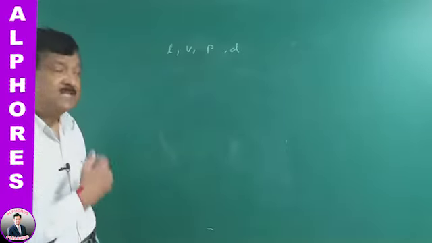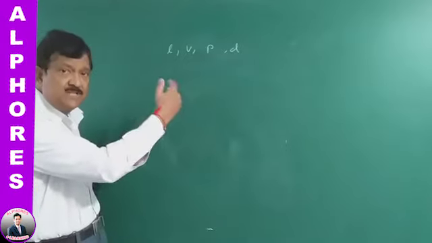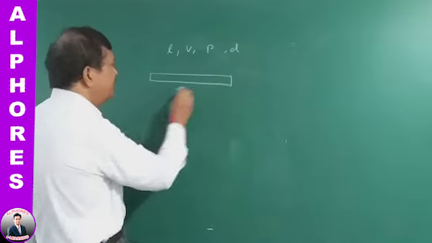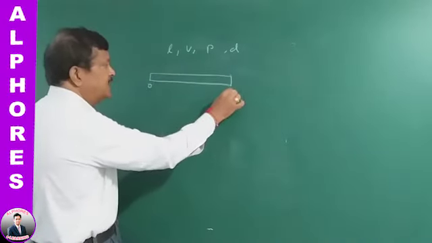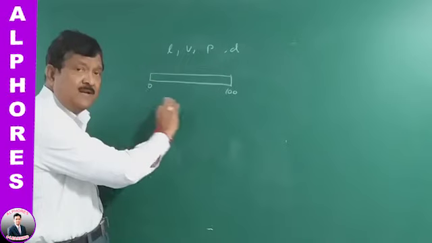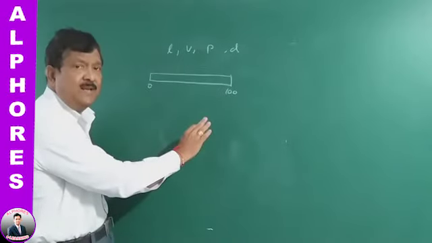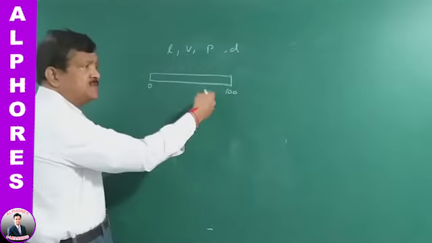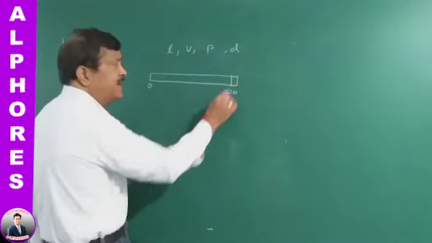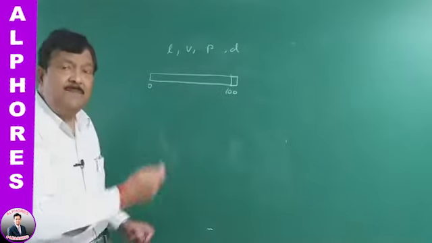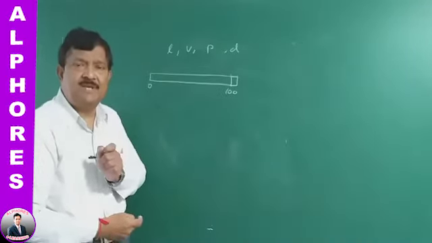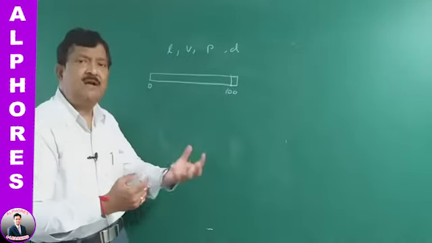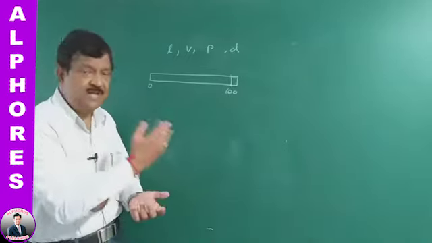So generally, take expansions of solids, for example, a meter scale. Suppose this end is 0, this end is 100. It will have 100 centimeters of length at a particular temperature only. But the same metal scale, when used at a very high temperature, will definitely expand a small amount. But we cannot measure these small changes, so using them you cannot get any information about the changes in temperature.